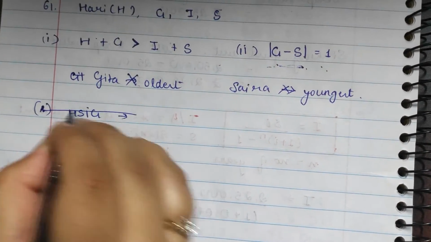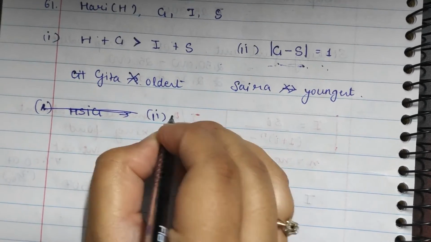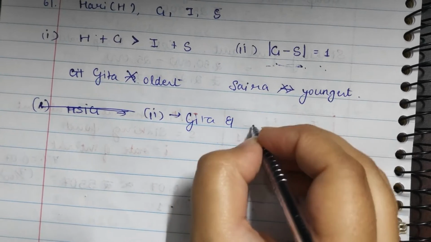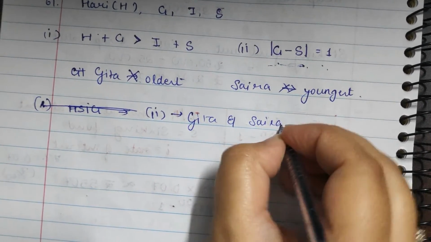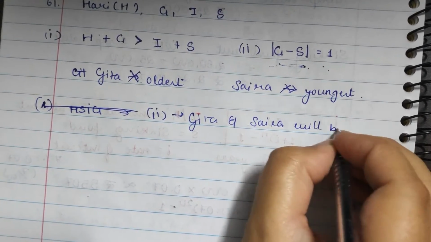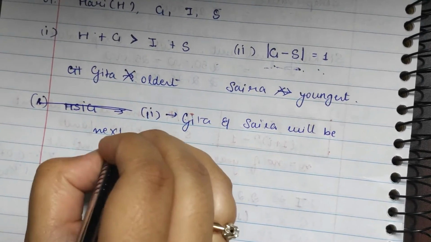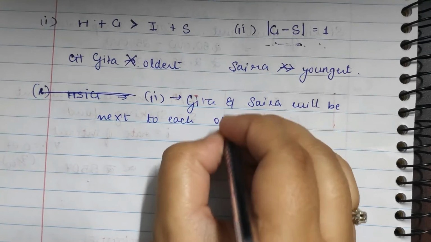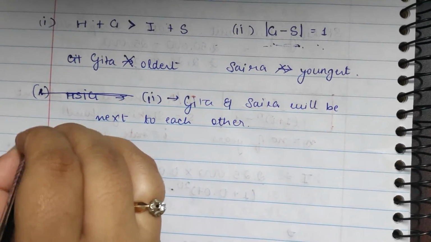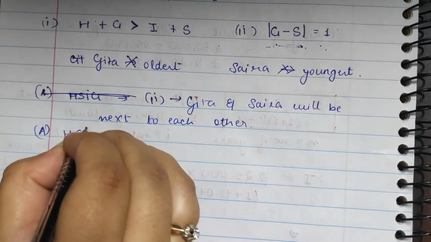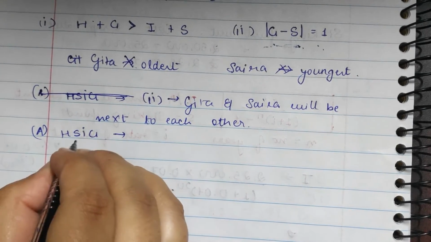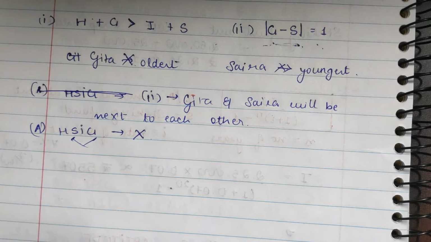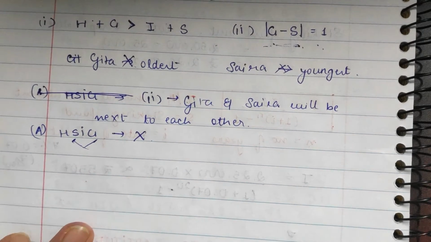So we understand from fact 2 that Geeta and Saira will be next to each other. Coming back to option 1, Geeta and Saira are not next to each other, which is wrong. So you can eliminate this option altogether.